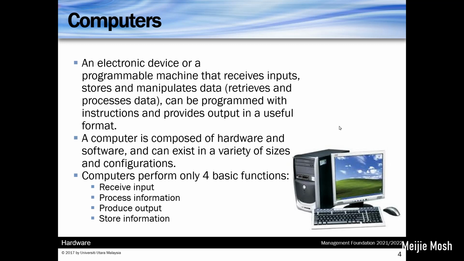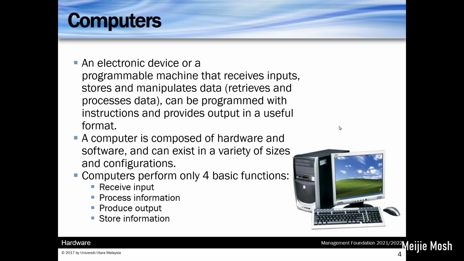Computers operate through these four basic functions. Receive input, which is the transfer of information into the system, for example, through a keyboard. Process information, for example, the retrieval or manipulation of information into a new form, like the results from a search engine.